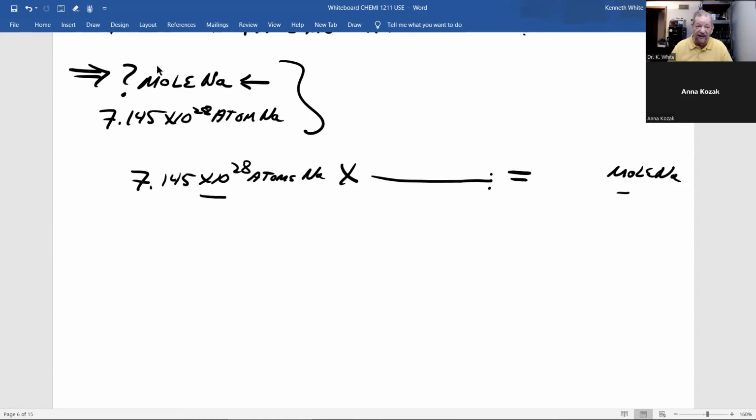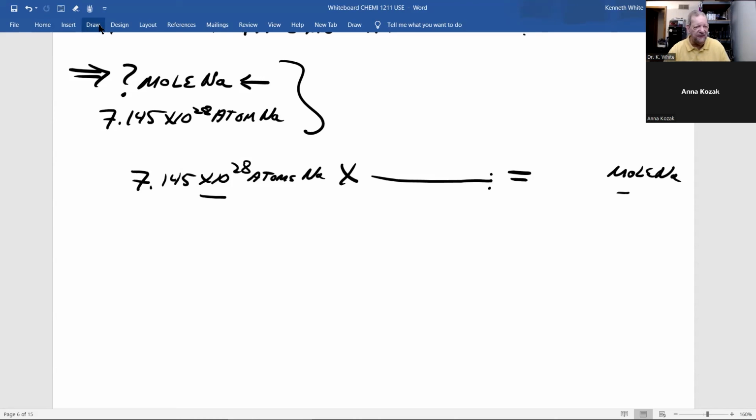Use your good buddy unit analysis. You try it, and then I'll do it. And give me a thumbs up when you just put the units, not the numbers. All right, looks like everybody's done.